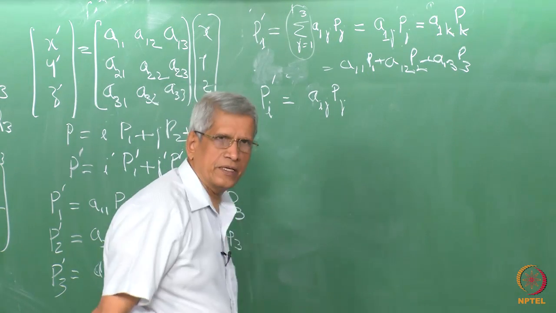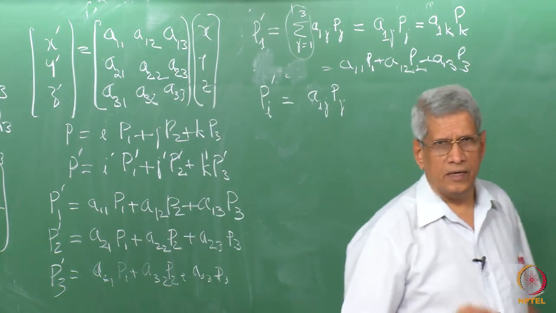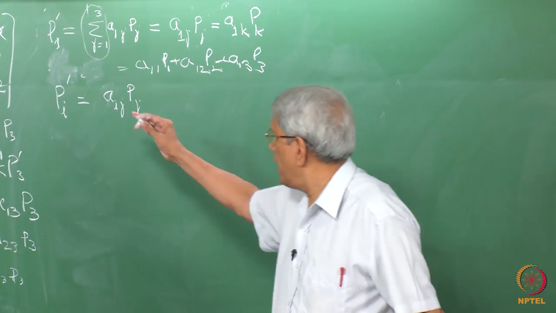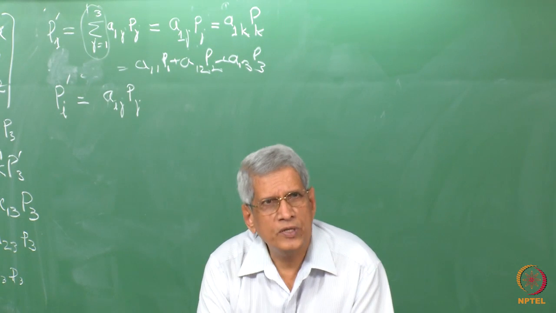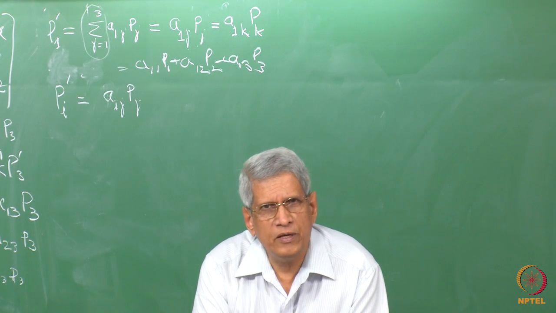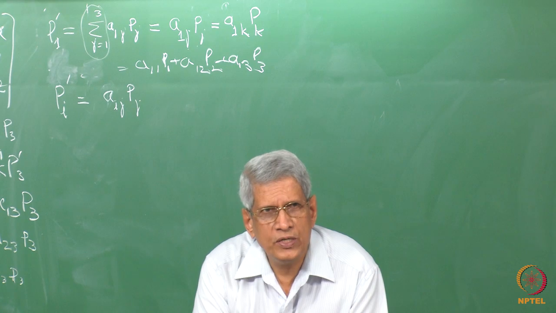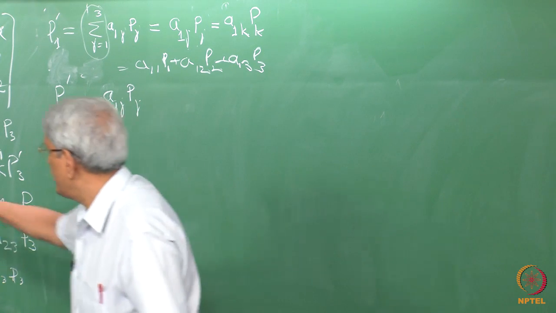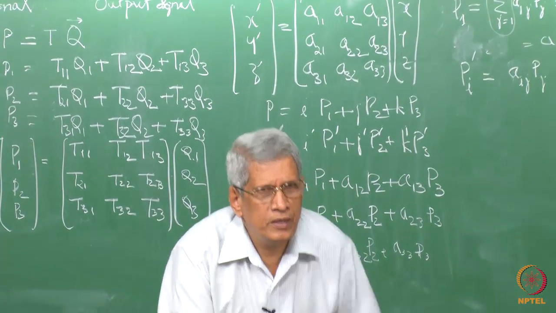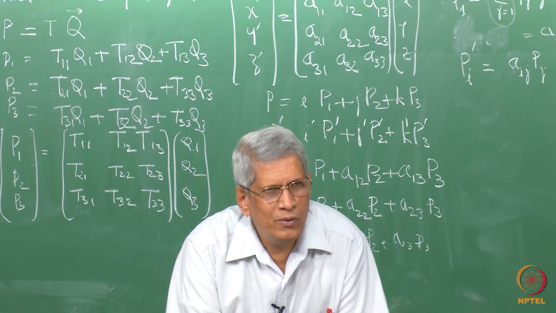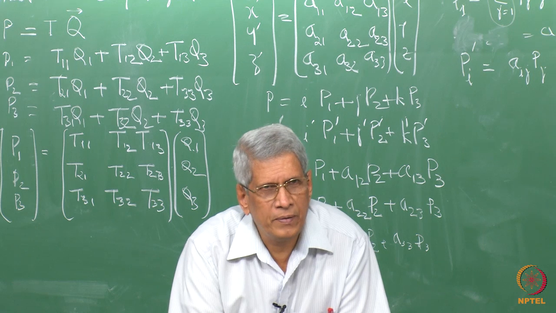This form we can write, right? Then the expression for the components of the vector is completely defined. So in a very short form, 3 equations involving 9 components can be described using this one single equation, correct?